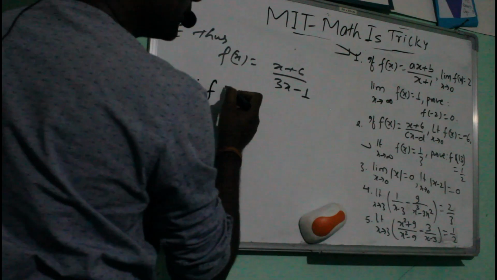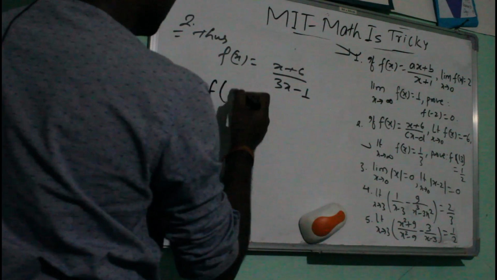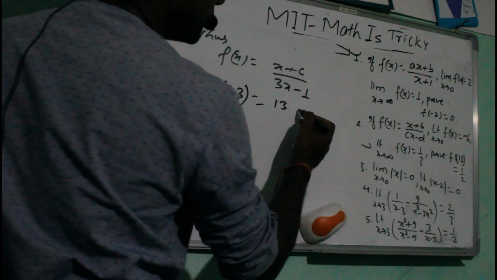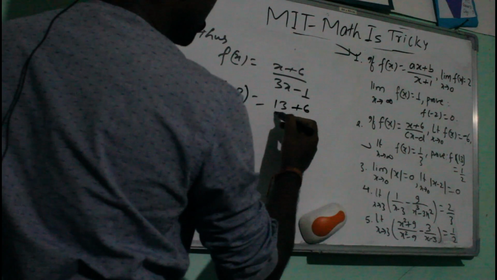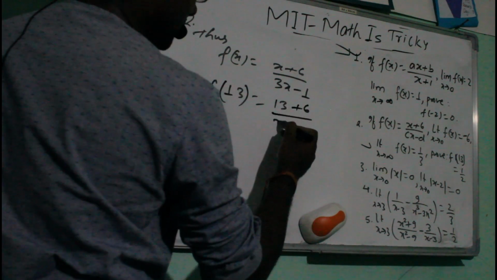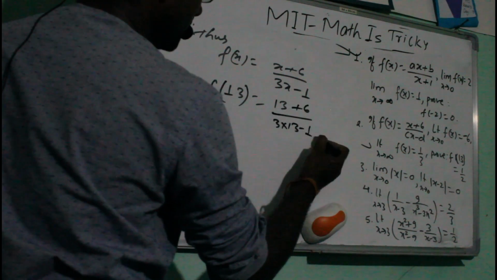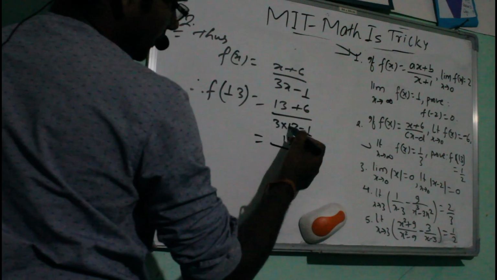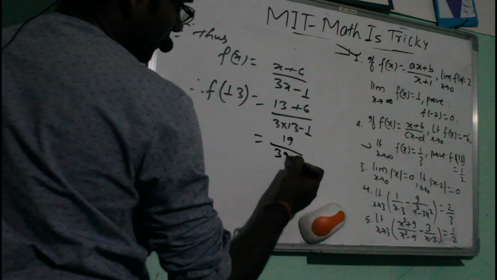Therefore f of 13 equals 13 plus 6 by 3 into 13 minus 1. So 13 plus 6 is 19, 19 by 3 into 13 is 39 minus 1.